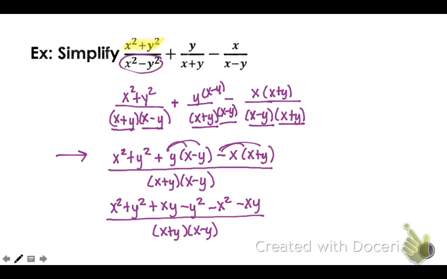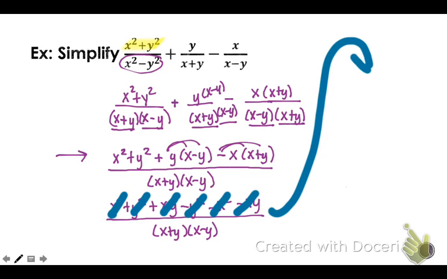If we combine our like terms, we notice that x squared minus x squared will cancel. y squared minus y squared is 0. xy minus xy is 0. So when I look at the numerator, I'm left with 0 over x plus y times x minus y. 0 divided by anything is simply 0.